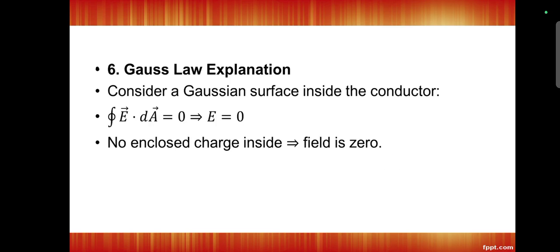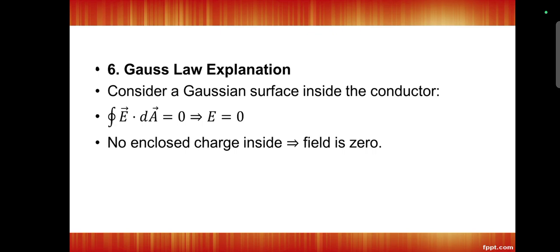The next point is Gauss law explanation. Consider a Gaussian surface inside the conductor. So closed integral E dot dA equal to 0, that is E equal to 0, as there are no enclosed charges inside.